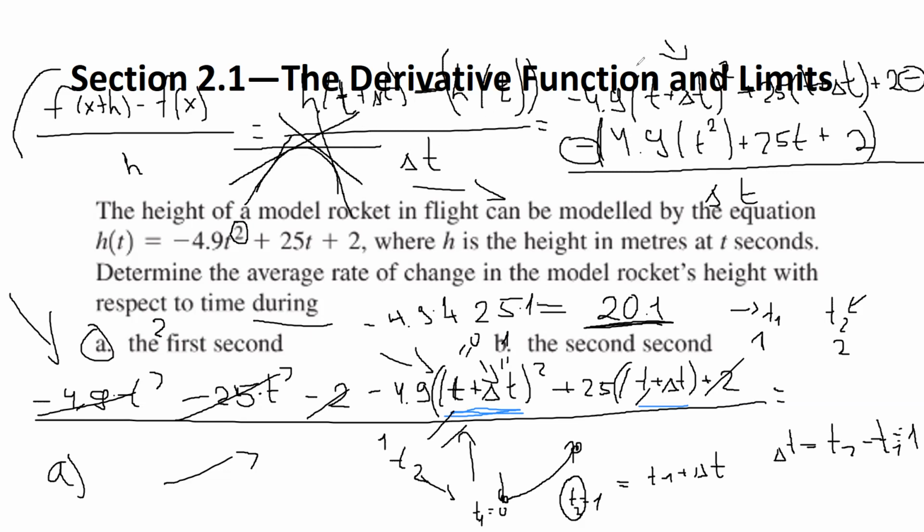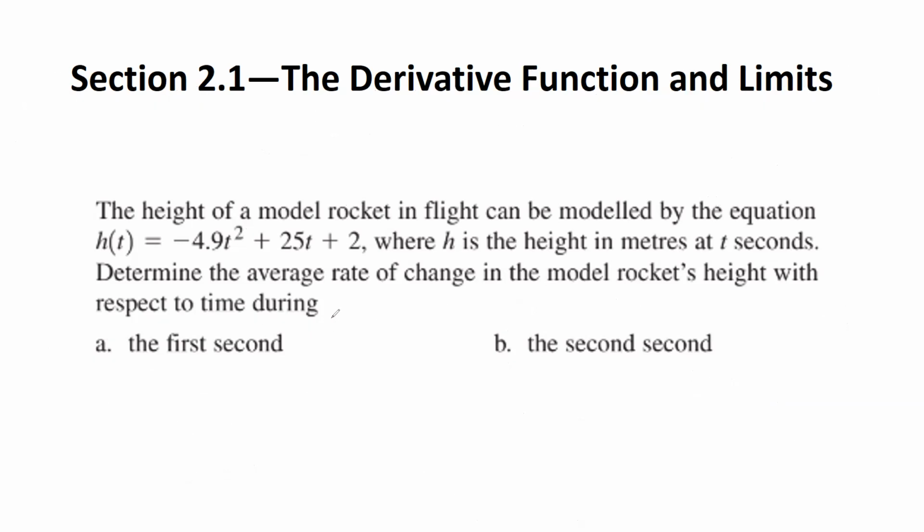And on this example, I would like to cover one really important thing: how you can use this to find the perpendicular line to the tangent line at the point.